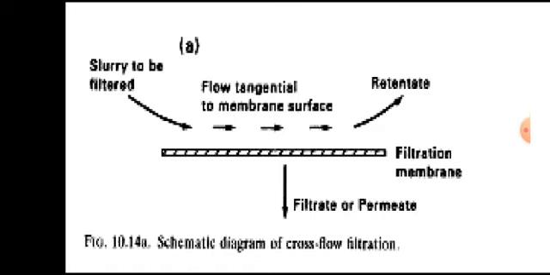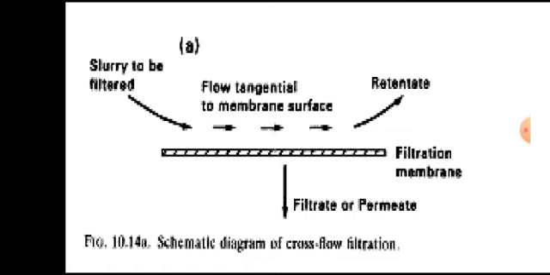This is the principle of cross flow filtration. In this schematic diagram, you can see there is a horizontal filtration membrane, and the slurry is flowing tangentially from left to right.